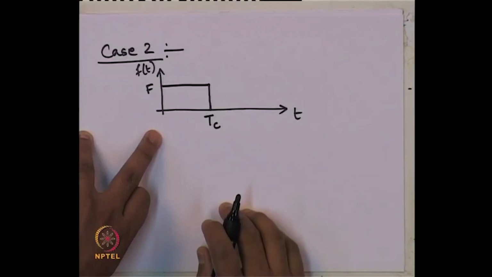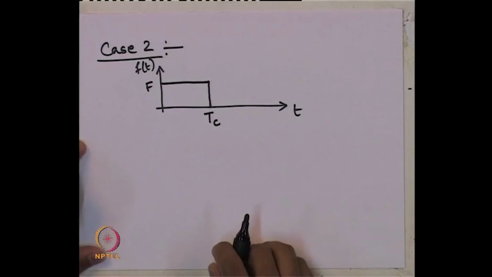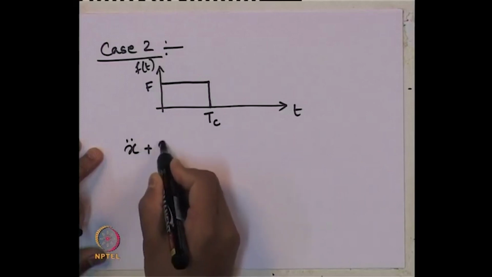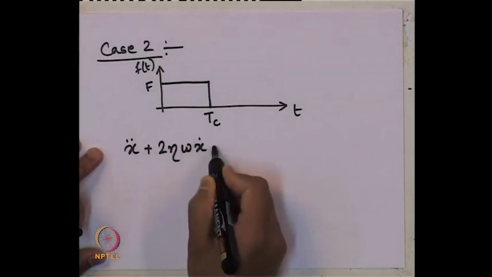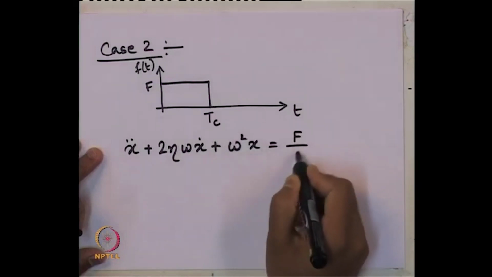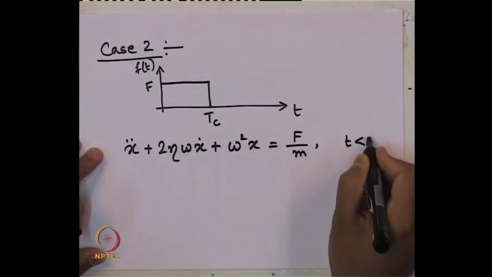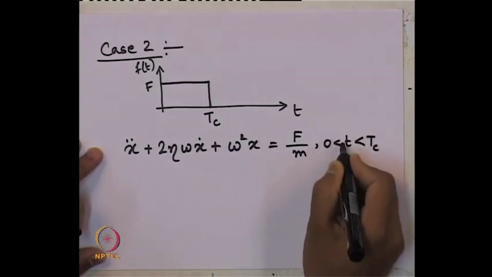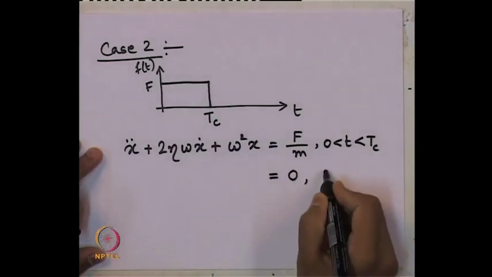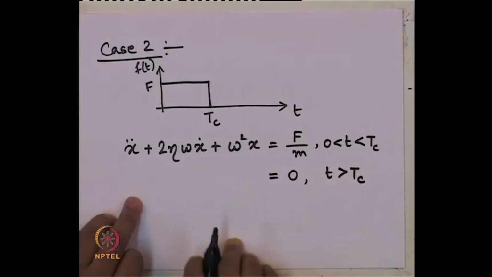Then how do we write down the equation of motion for this kind of loading, which is pretty easy: x double dot plus 2 eta omega x dot plus omega square x equals f by m if t is between 0 and T c, but this equals 0 if t is greater than T c. That is what the equation of motion takes the form.